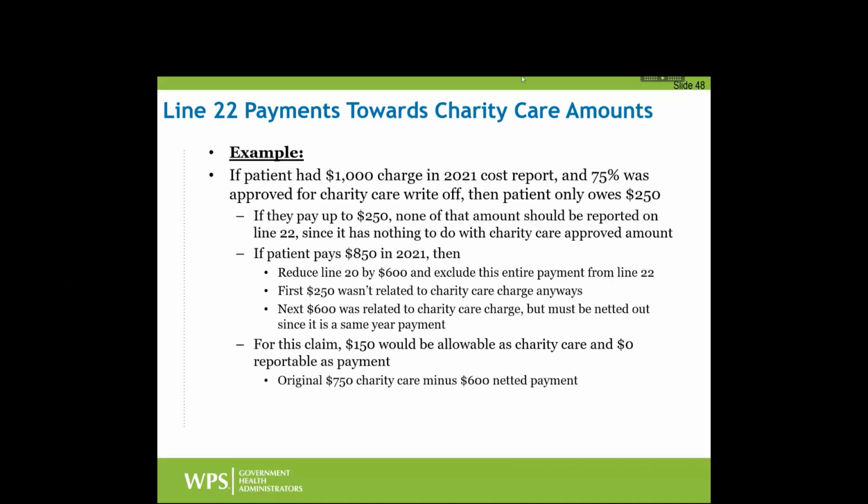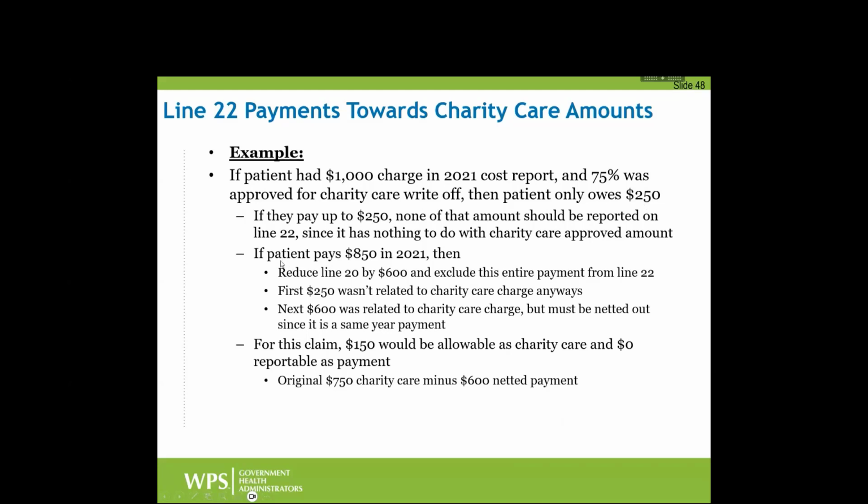Here's an example of that. If a patient had a $1,000 charge in 2021 and 75% of it was approved for charity care, the patient only owes the remaining $250. $750 is charity care. If that patient paid up to $250, then hey, that's their normal liability. We're not going to be reporting anything in line 22.